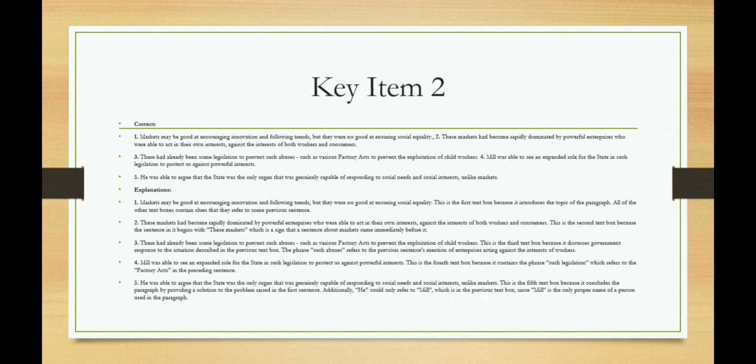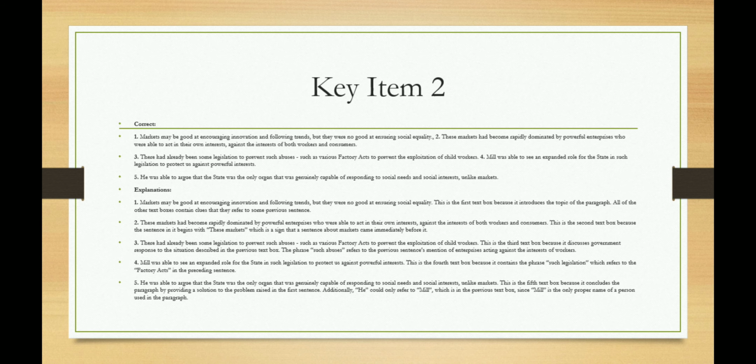So that's why that comes first, and then these markets again come second, because it's referring to that particular sentence. All right, so there had already been some legislation to prevent such abuses. Okay, again this is referring to the second sentence.